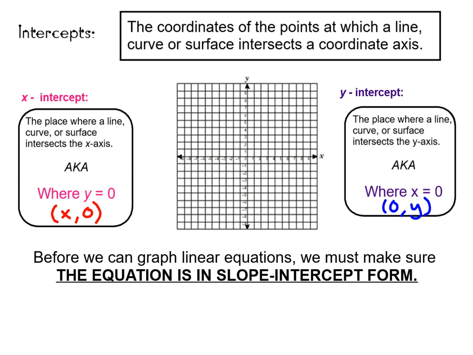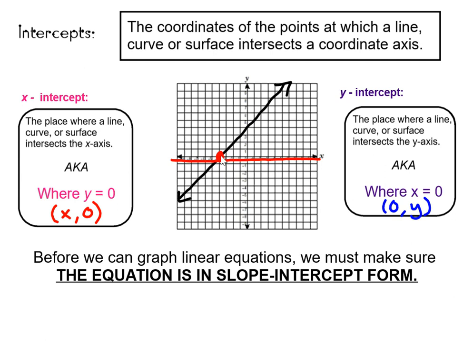So I'm just going to go ahead and draw a line along here. So there's our line. And to find our x-intercept, it is where our graph crosses our x-axis. So if we look, right here is where our graph crosses.